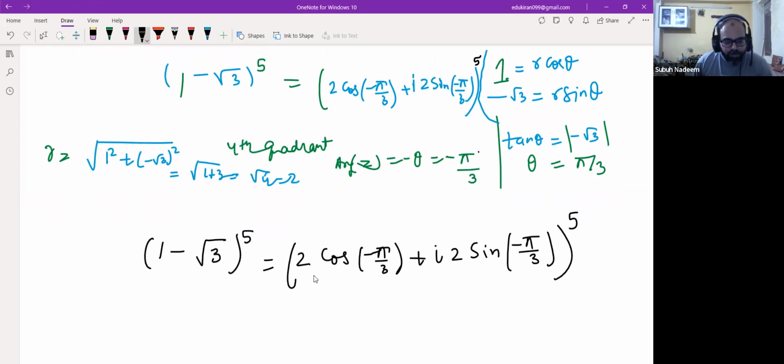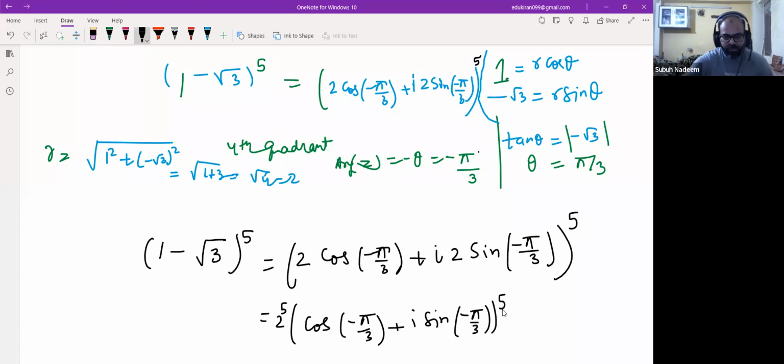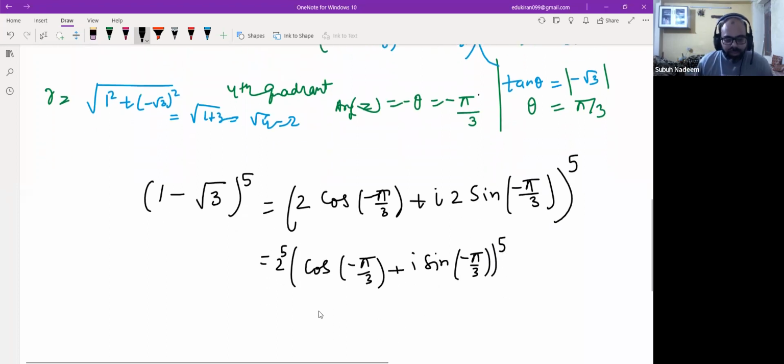So now if you want to apply de Moivre's theorem, you take 2 common with the power 5. This is cos minus pi by 3 plus i sine minus pi by 3 to the power 5. And the power is getting multiplied to the angle.